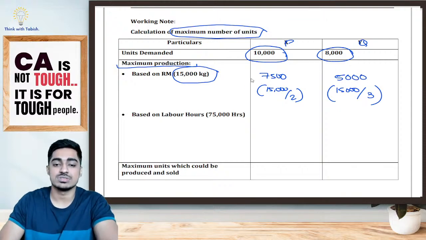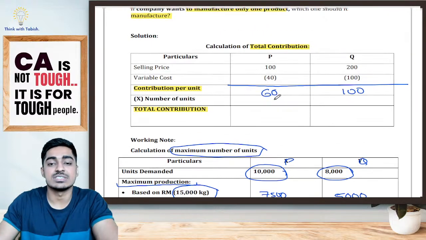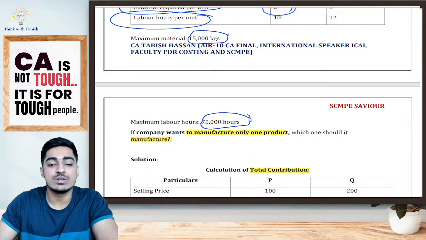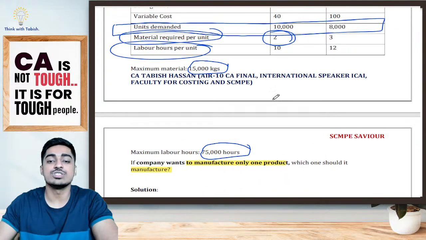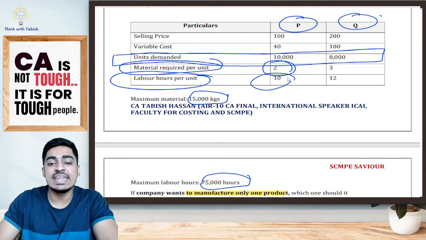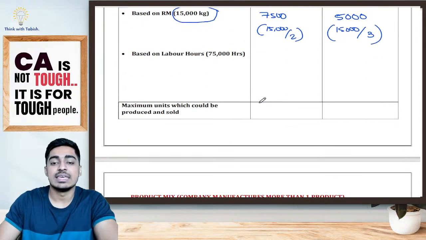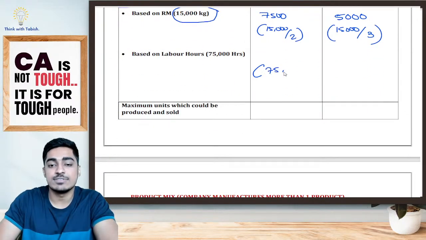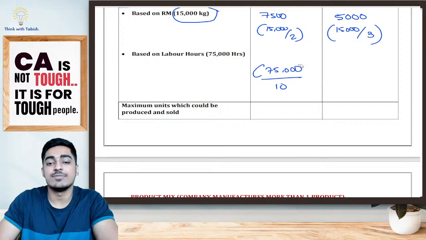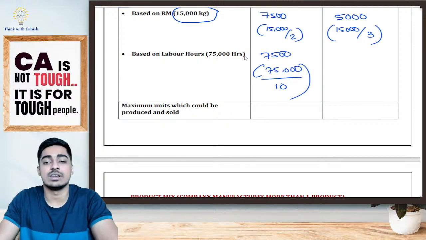Based on labor hours, how many labor hours do we have? 75,000 labor hours we have. To produce P, we want 10 labor hours for every unit. So we'll be in a position to produce 7,500 units.